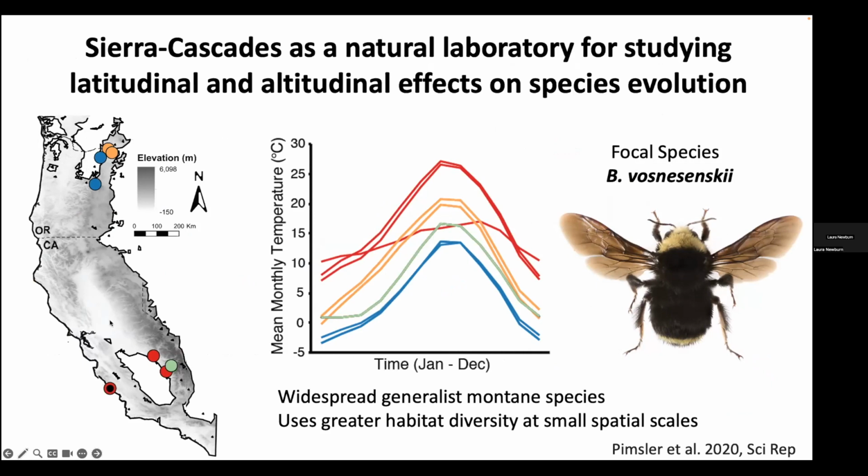It lives across a huge gradient of elevation, and the temperature of the habitats varies a lot. They use a great habitat diversity at small spatial scales, which makes them ideal for the type of study we are planning to do.